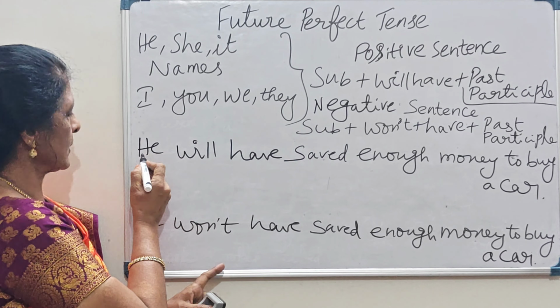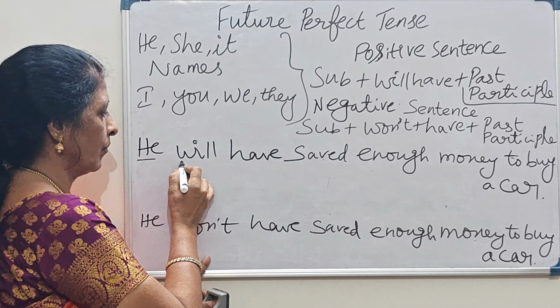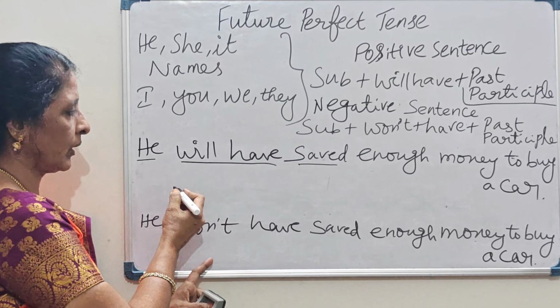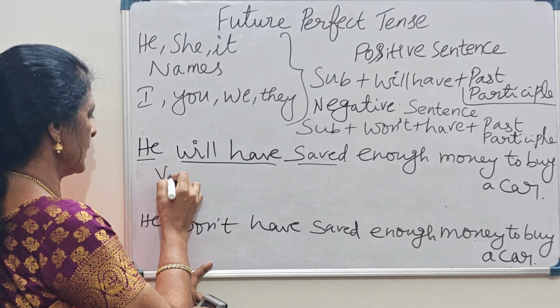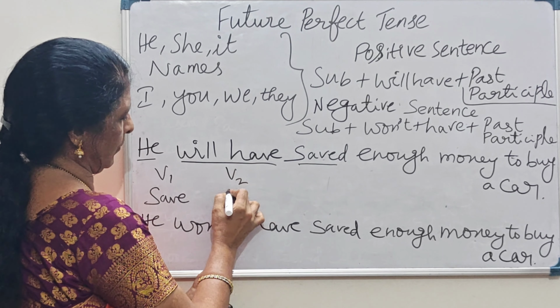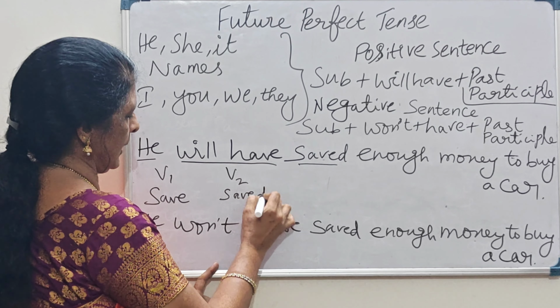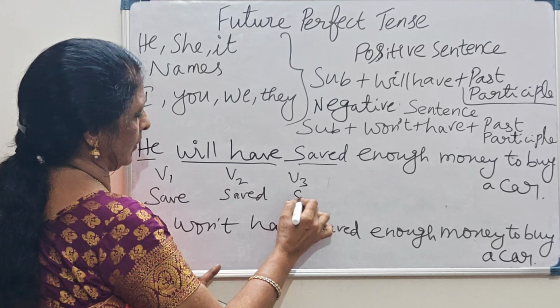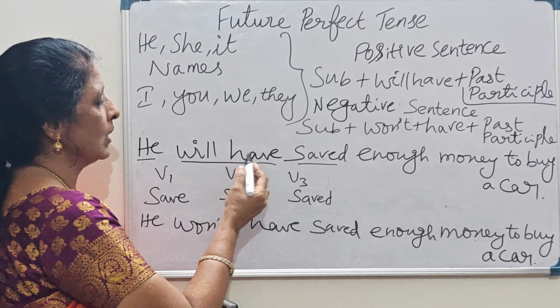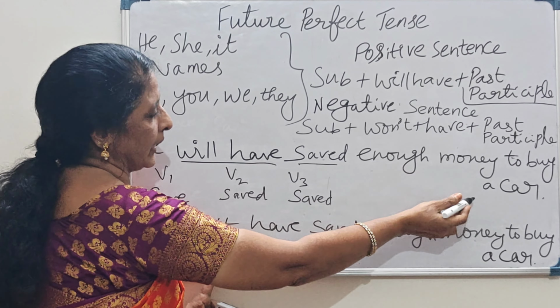You see here, first subject, future perfect tense will have, past participle. Now for this, V1 is save, V2 saved, V3 also saved. So he will have saved enough money to buy a car.